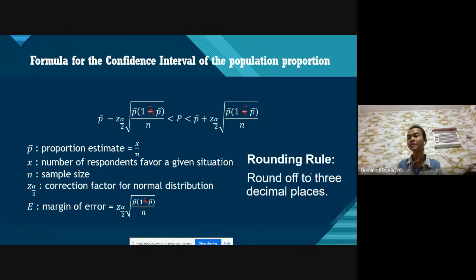The final answer should be rounded off to 3 decimal places or the nearest thousandths. If we don't do that, even if your solution is correct, you did not apply the rounding rule, so of course that's still incorrect. Since we have the rounding rule, we need to follow it.